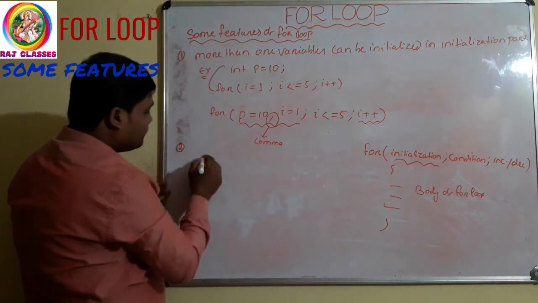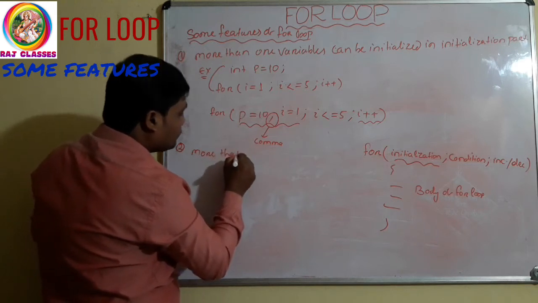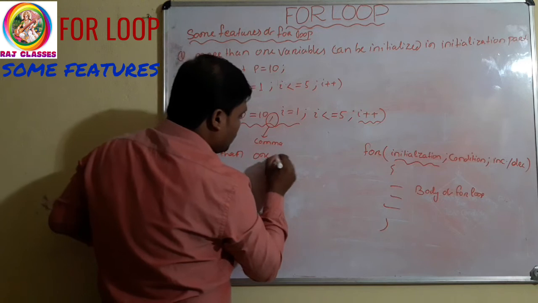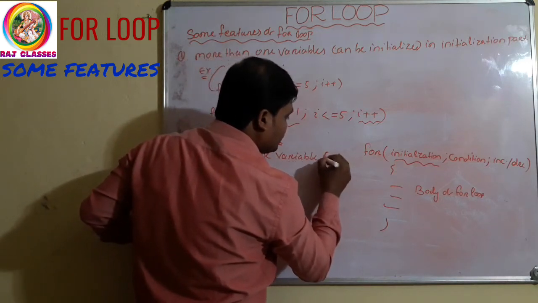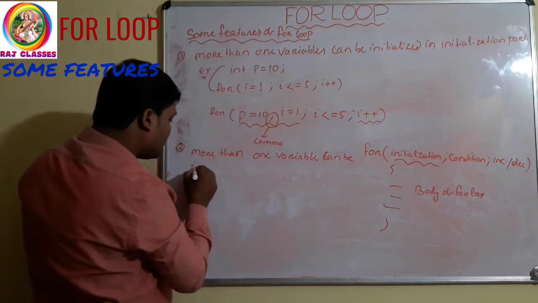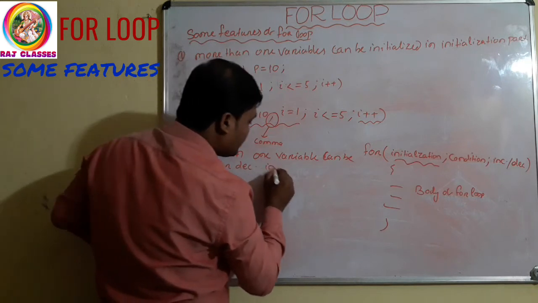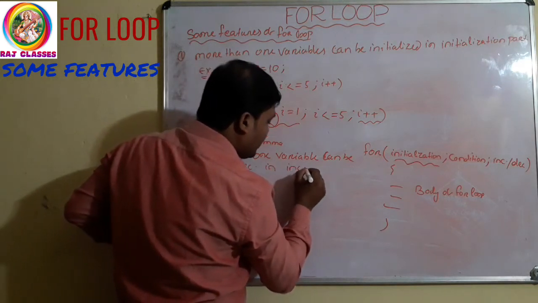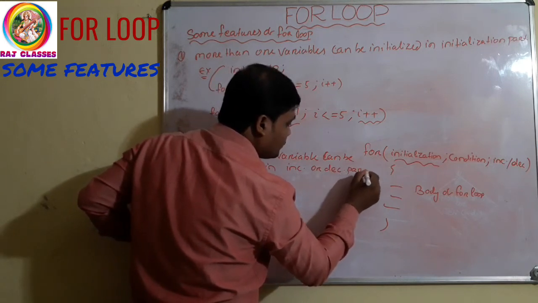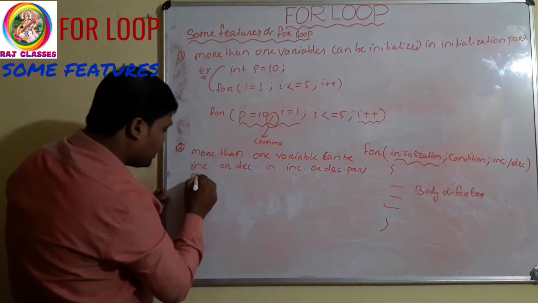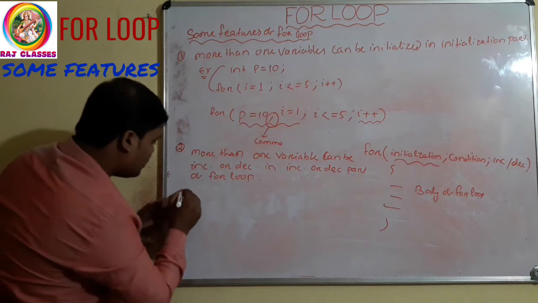So just see, more than one variable can be incremented or decremented in increment or decrement part of for loop. Clear? Just see the example.